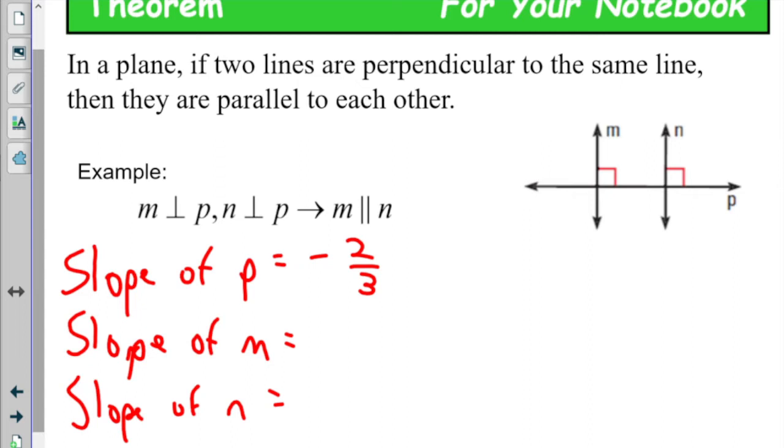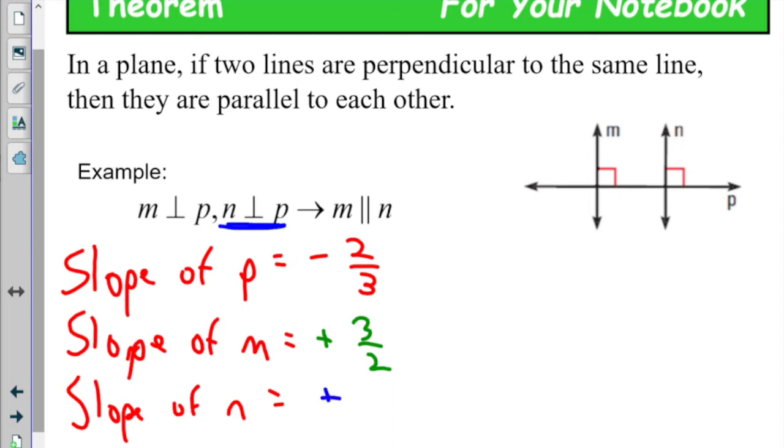Let's check your work. Perpendicular lines should have opposite reciprocal slopes. Change your sign, flip your fraction. So instead of negative, now it is positive. Instead of 2/3, now it's flipped: 3/2. And since we know that N and P are also perpendicular, the same thing is going to happen.